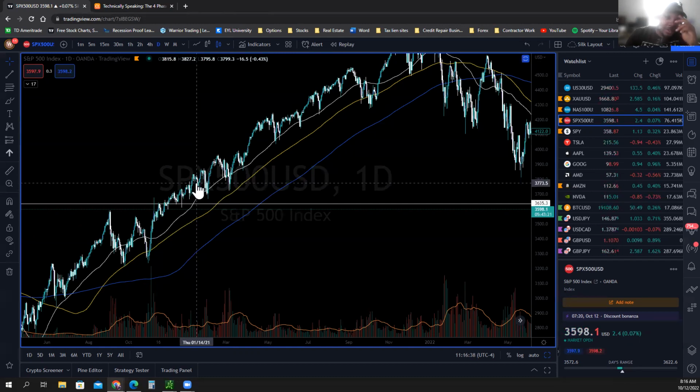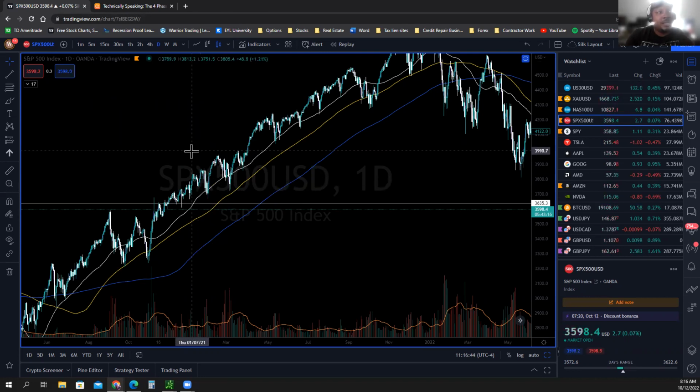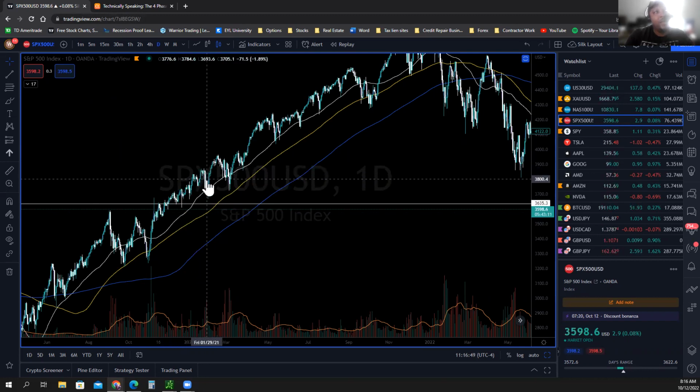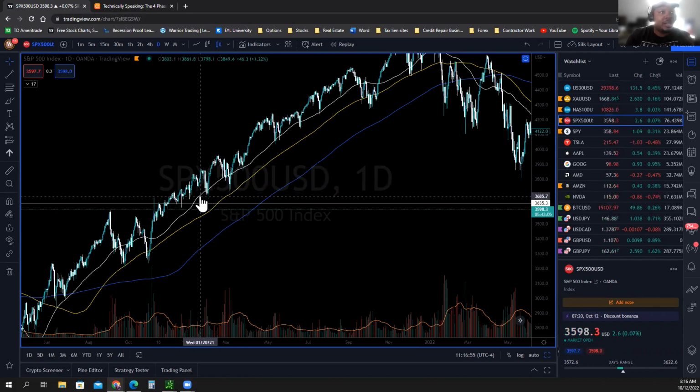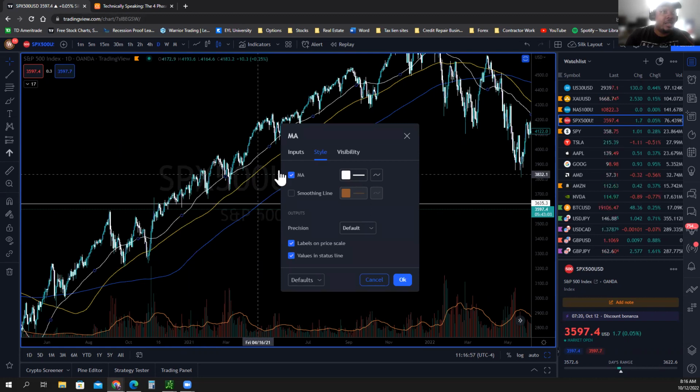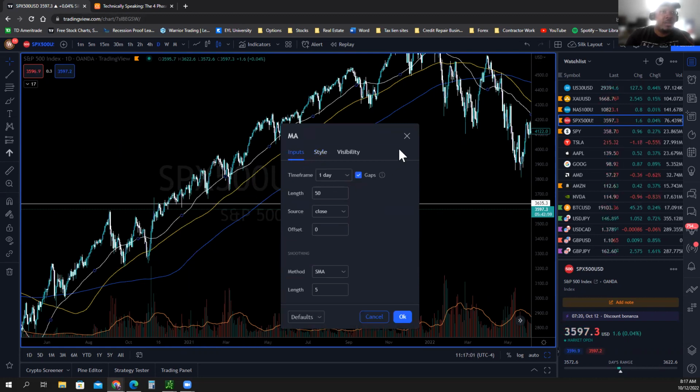Now, what I try to do is hopefully catch it at the beginning of a trend, instead of jumping in the middle and having to wait for a pullback to get in on the entry. These are pullbacks right here to the 50-day moving average.